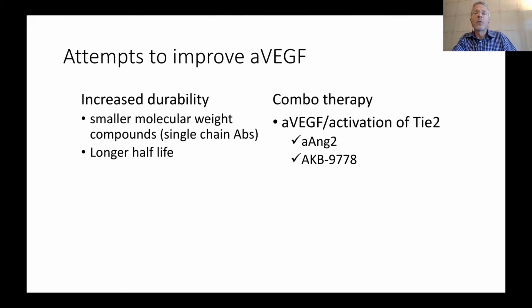So those are two approaches. Now I'd like to point out that this work with Tie2, these phase 2 studies, are very exciting. They complement one another, but the phase 3 trials are ongoing and their results are not yet known. So whether these things will become therapies or not remains to be seen.